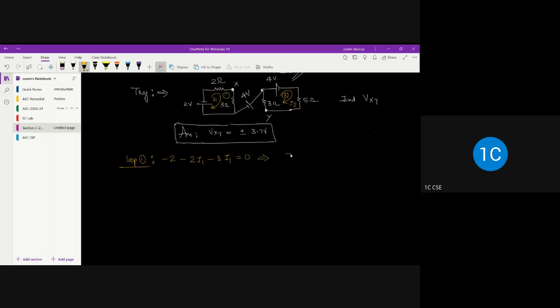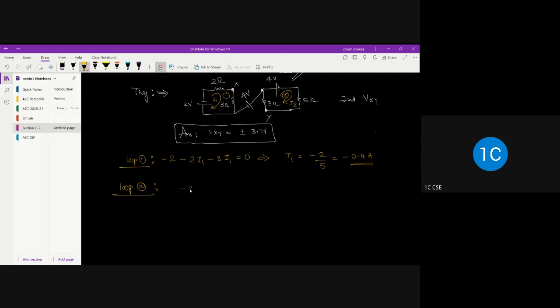That implies I1 is equal to minus 2 by 5, that is equal to minus 0.4 amperes, right?